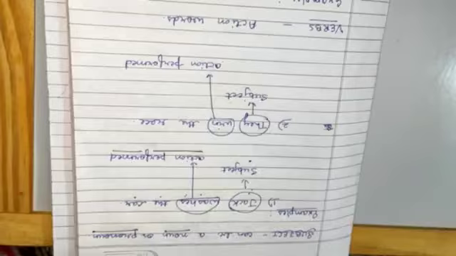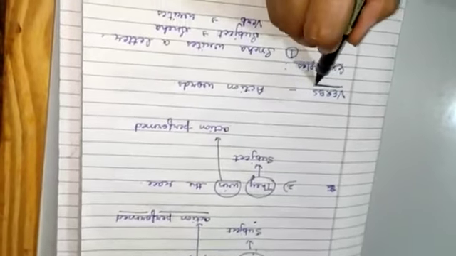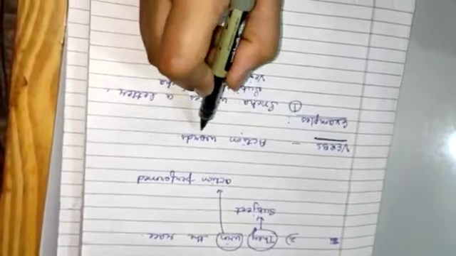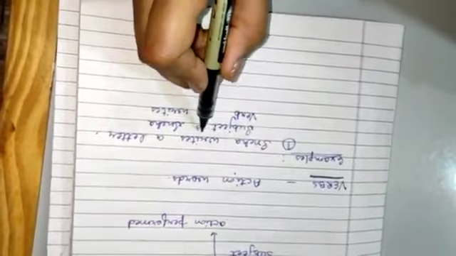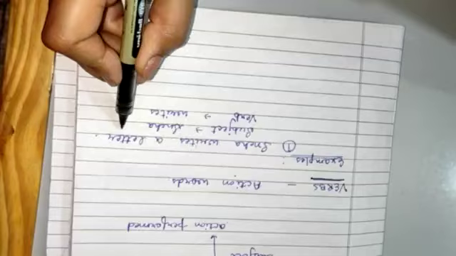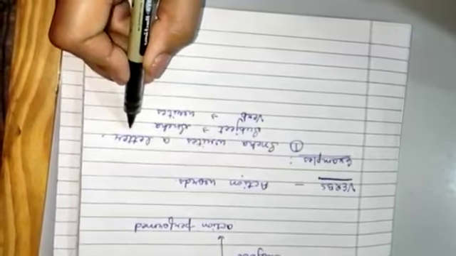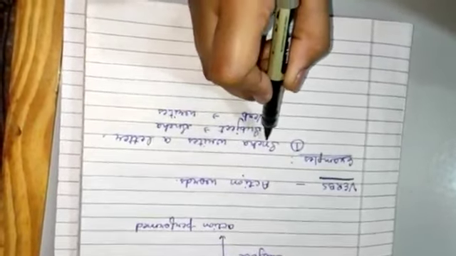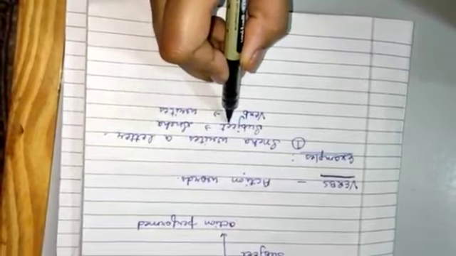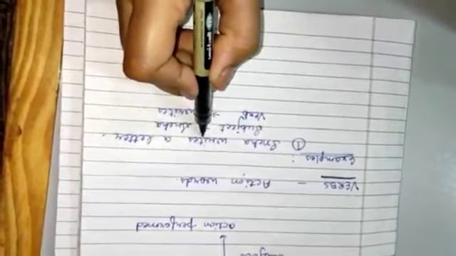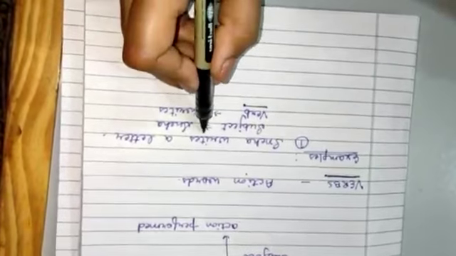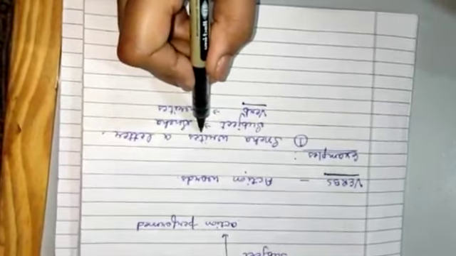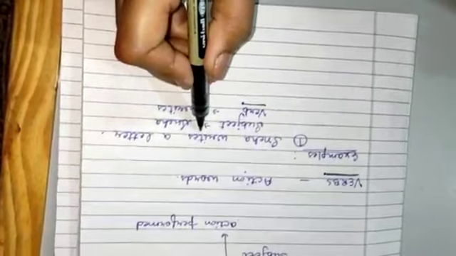Let's have some more examples of verbs that are action words. Sneha writes a letter. Now here we know that Sneha is the subject and writes is the verb, because writes is the action which is going on in the sentence.